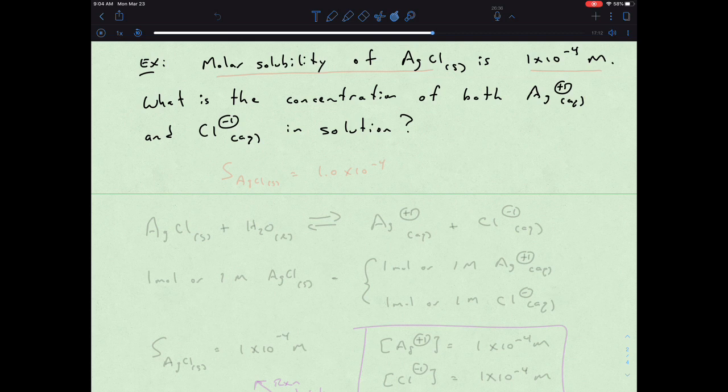So I'm given the molar solubility of the silver chloride to be 1.0 times 10 to the minus 4th. That is our molar solubility, or S, for that solid silver chloride.